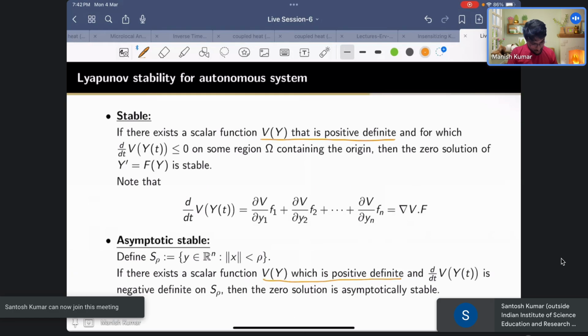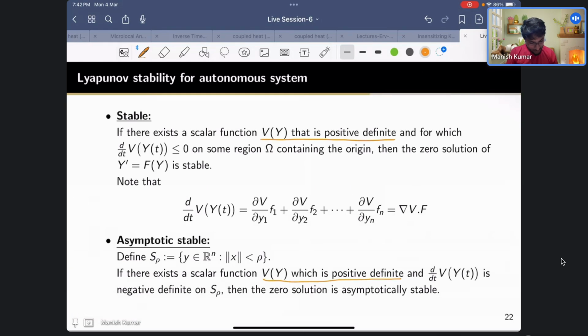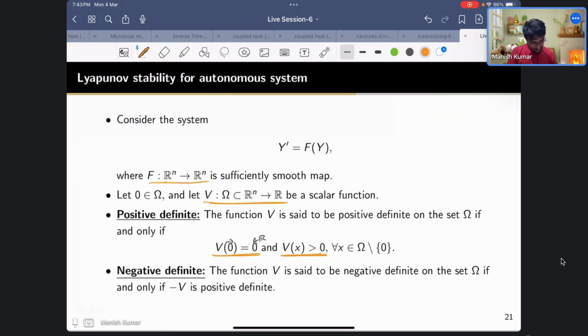Okay, let us talk about stability. Suppose there is a scalar function V(y) which is positive definite, and for which the derivative, the dot product grad V dot f, is less than or equal to 0 on some region omega. We are talking about stability around the origin, whether the point (0,0) is stable or not. Here you can assume that f(0) is 0, that is, 0 is the equilibrium point.